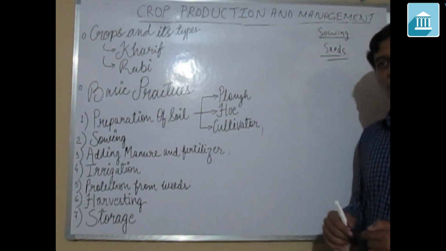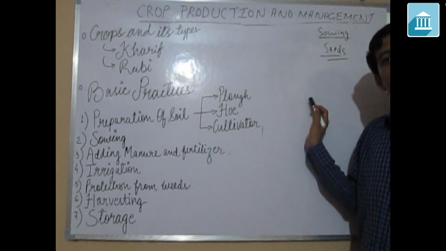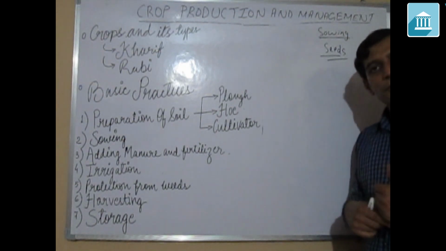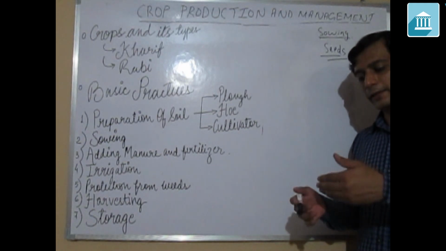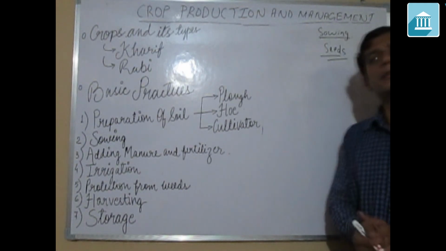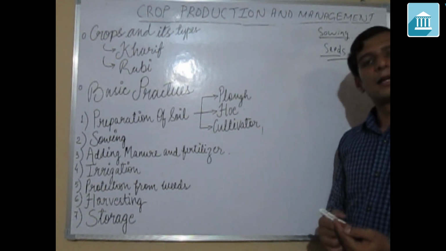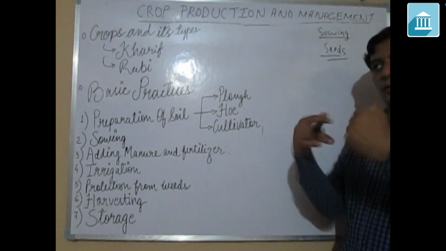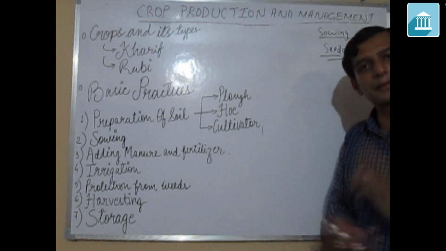What do they do? In the previous plow that I showed, you have seen the pointed part that goes inside the earth. Here you will see a funnel type of structure on the part where the farmers pour the seed.